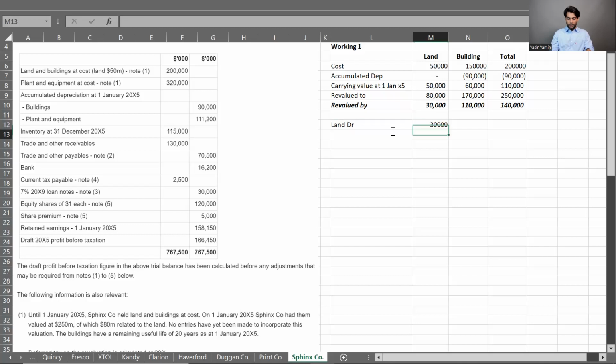Buildings will be debited by 110,000. And here you will have a revaluation reserve, or an OCI. We are not required to prepare an OCI in this question, so I can just put revaluation reserve here. Revaluation reserve credit by the sum of these two. So debits and credits match.